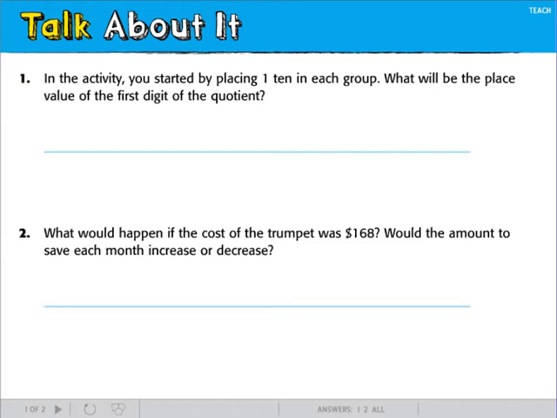Now, we're going to discuss our activity a little bit. The first thing we started by placing 1 ten in each group. Now, a ten was the biggest base 10 block that we used, right? Because we used a ten as our biggest base 10 block, what place value was the first digit of our quotient going to be put in?